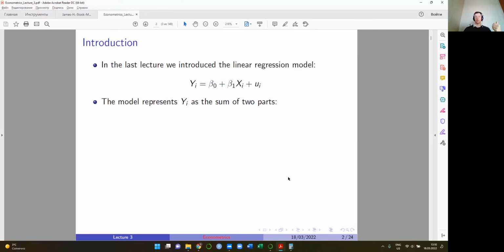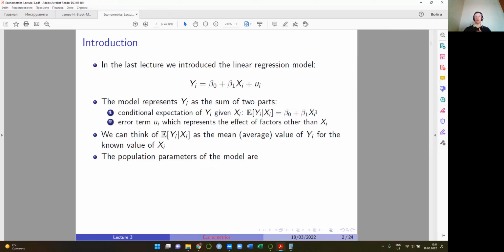Let me go back here. We spoke about conditional expectation, which is represented by the population regression line, and about the error term, which is the difference between y and the expected value of y.